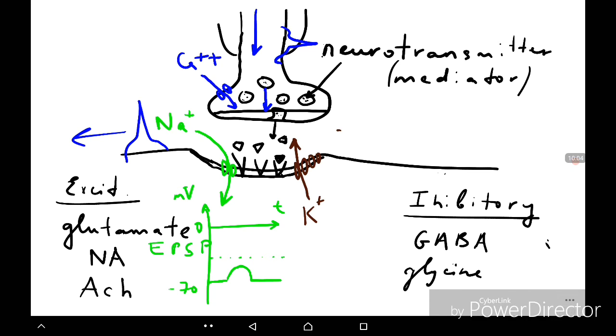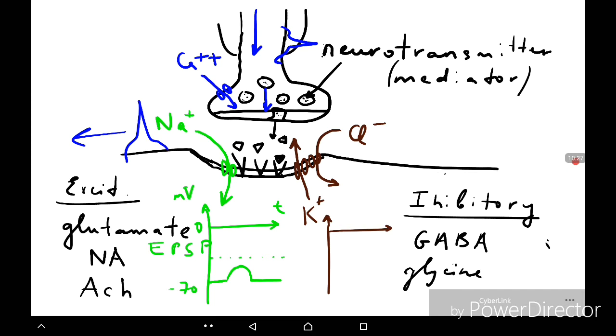There is potassium efflux, so potassium goes out, and chlorine, in accordance with the concentration gradient, goes in. In that case, the membrane does not depolarize but hyperpolarizes.